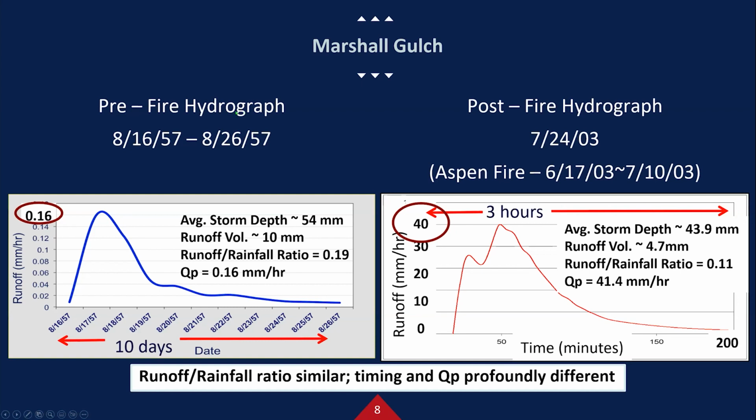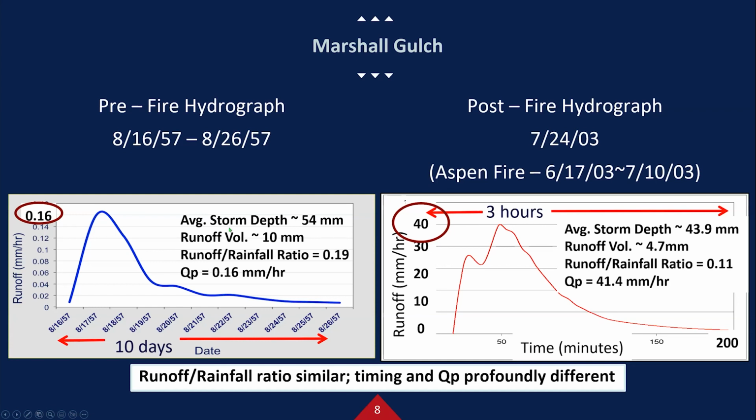So this is a pre-fire hydrograph on August 18th to August 26th, 1957. A big fire occurred on the 24th of July in 2003. That was the Aspen fire.